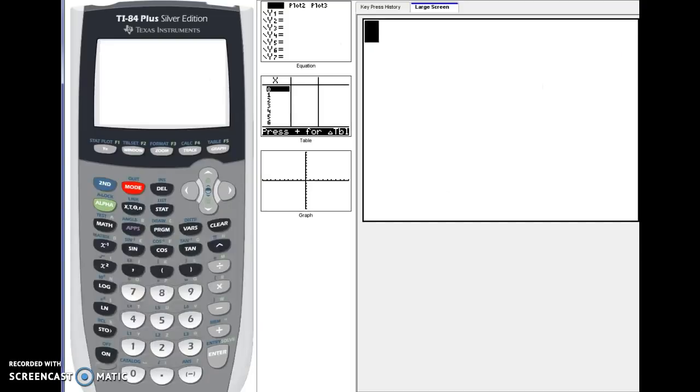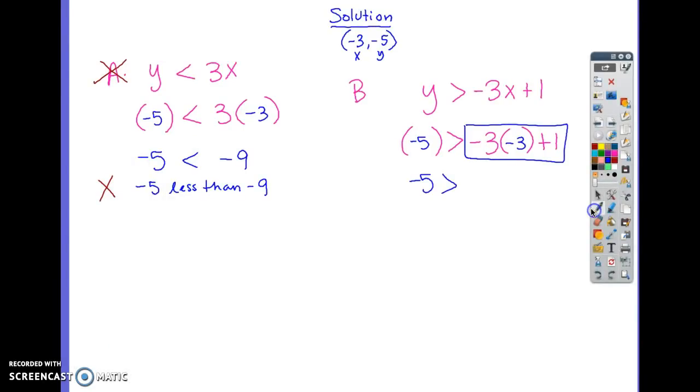So let's see, we have -3, parentheses, -3, close parentheses, plus 1, enter. That gives us 10. So I'm going to put 10 right here. And let's read this statement that says -5 is greater than 10. Is that true or false? Is -5 greater than 10? No, that is false. That is not true. 10 is bigger. The number 10 is bigger. That's not true.